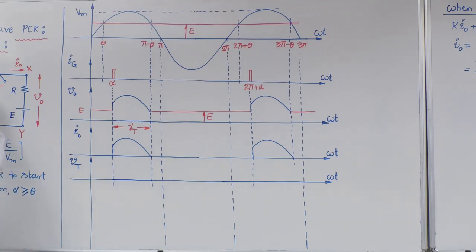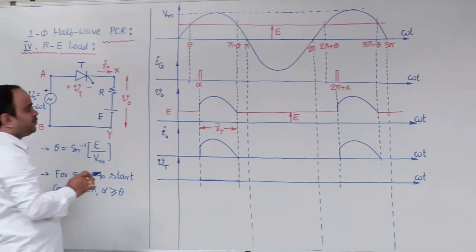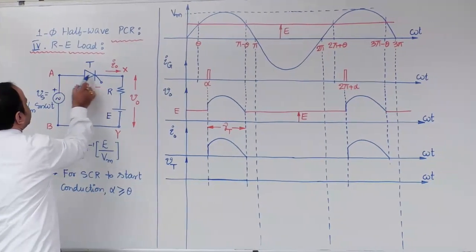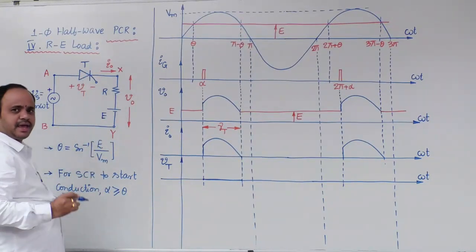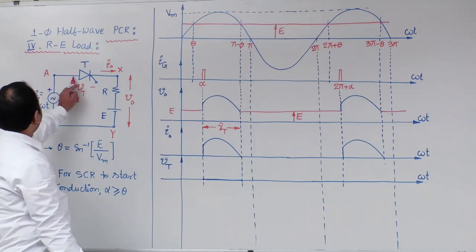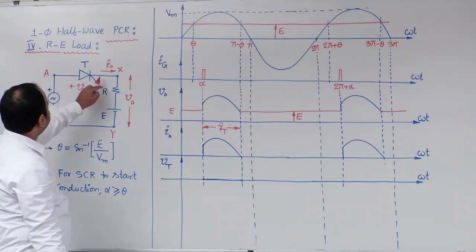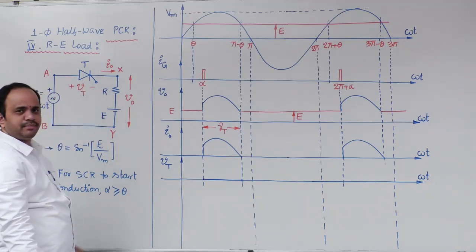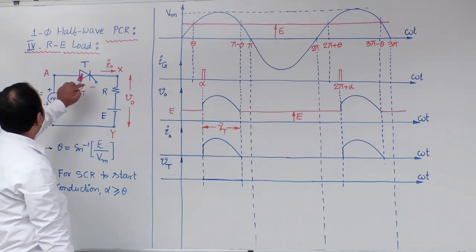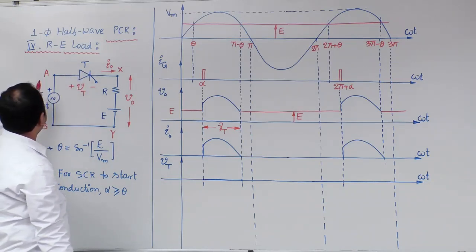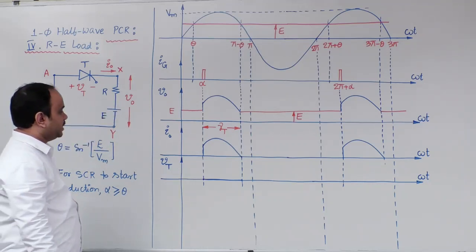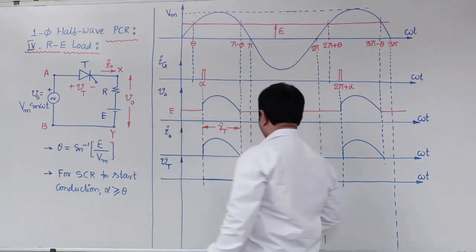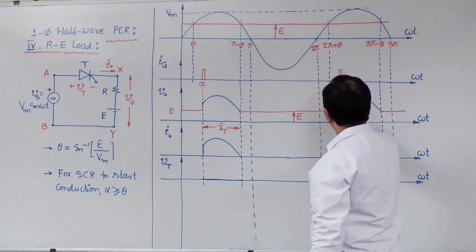In this circuit diagram, what is the voltage across SCR? That is anode voltage minus cathode voltage. As the anode is connected to the sinusoidal source and the cathode to the load EMF, the voltage across SCR is nothing but the sinusoidal value minus load EMF. Let us draw that condition here.